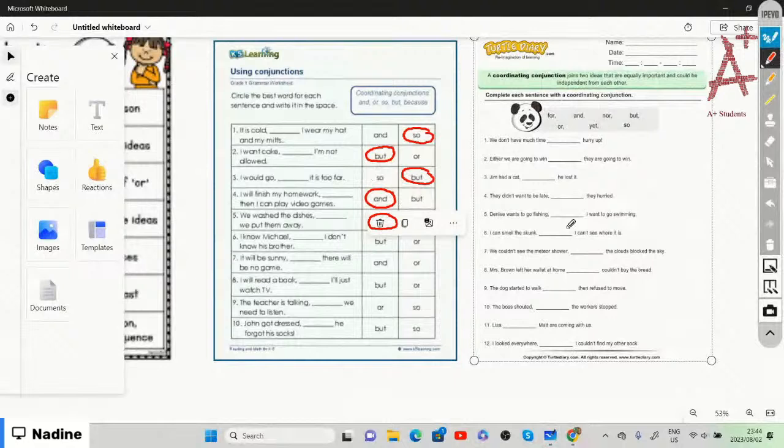And remember, a coordinating conjunction joins either words, phrases, or simple sentences, right? Oh yeah, they have for, or, and, yet, nor, so, but. Let's rather just complete this one and then we leave that, because they have for, yet, nor included, right? So we just focused on the common ones.